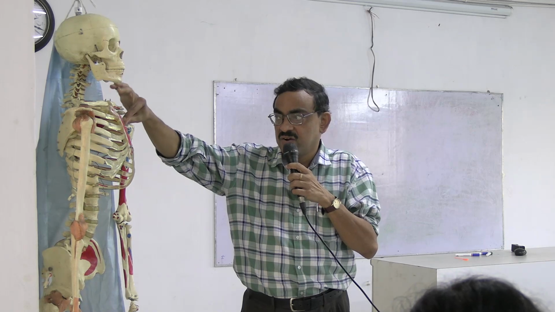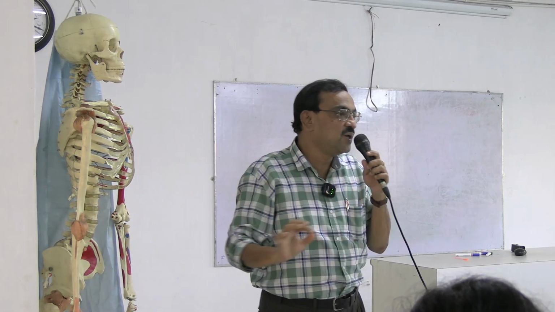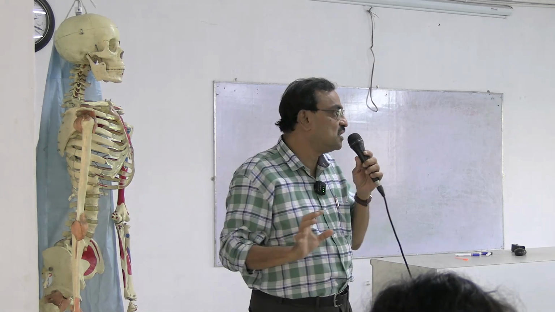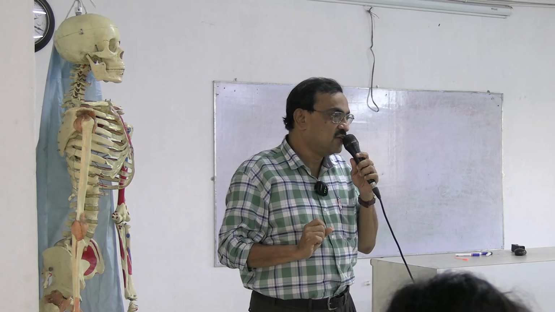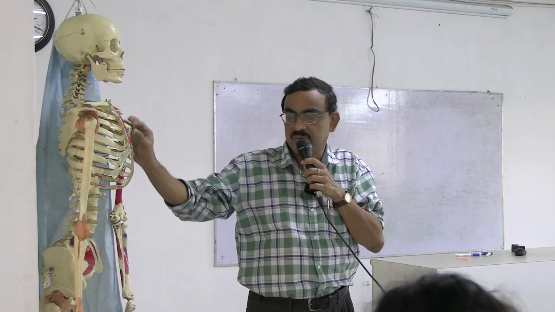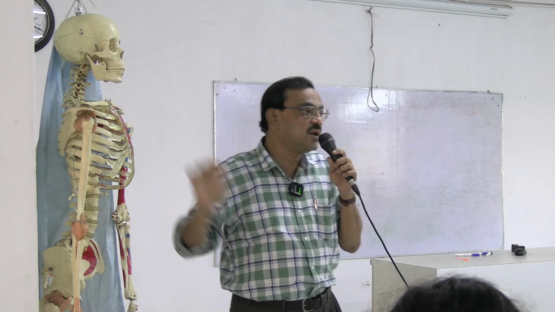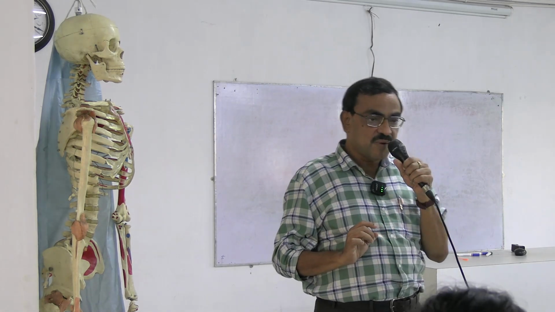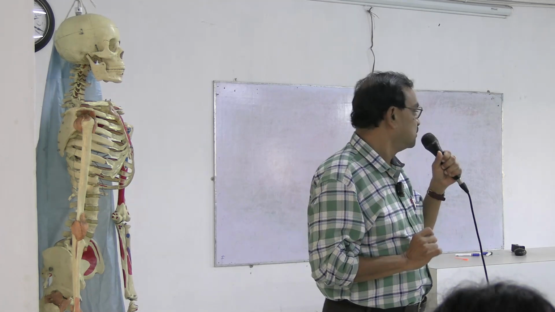Then it continues towards the humerus, but that part is not a muscle; it becomes a ligament called the coracohumeral ligament. The coracohumeral ligament is nothing but a degenerated part of the pectoralis minor.